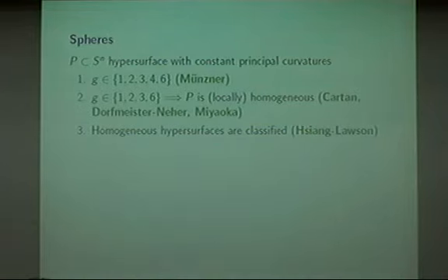So the way to describe them: suppose we have a homogeneous space, G over K. G is a group acting on the space, and K is the stabilizer. Then we get the isotropy representation of this space.